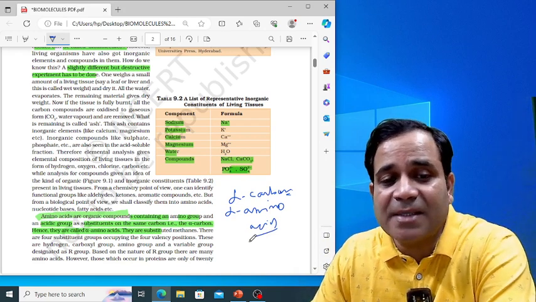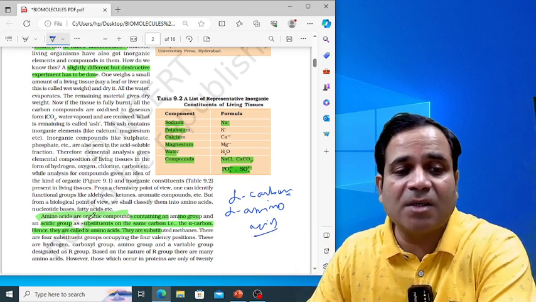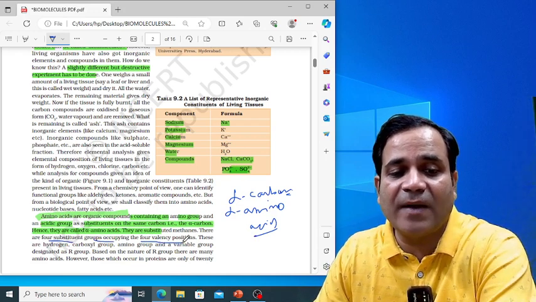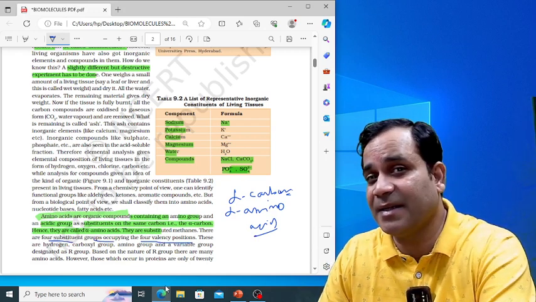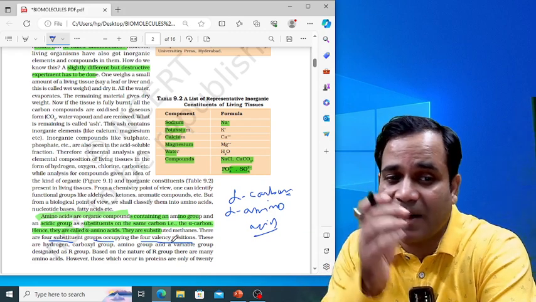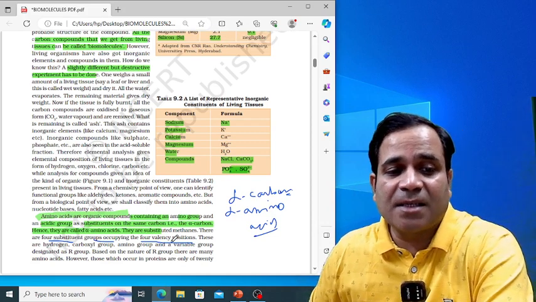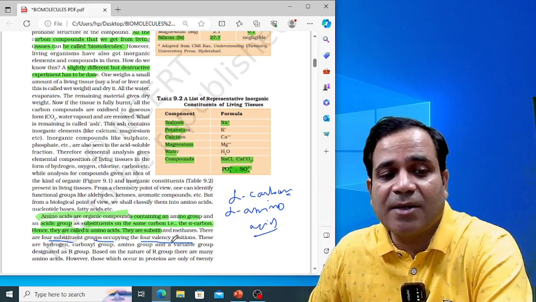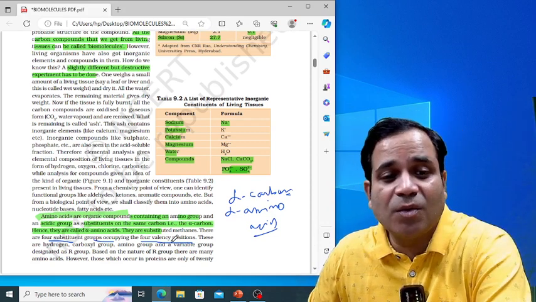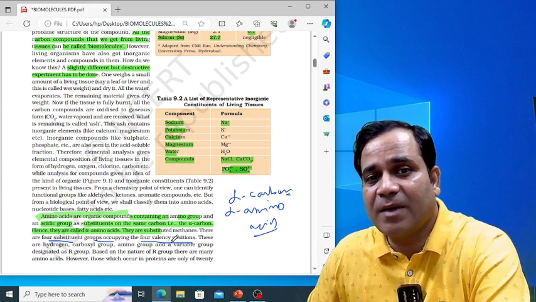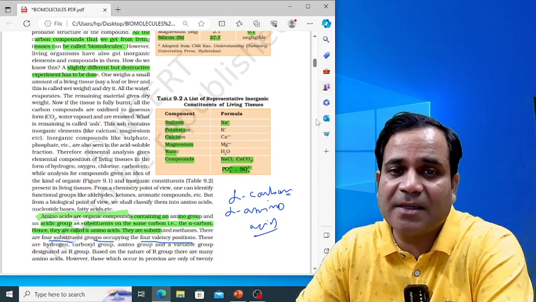Why am I saying this? Because 4 substituent groups occupy the 4 valency positions. They occupy each and every valency position, my dear. So these are hydrogen, carboxyl group, amino group, and a variable group designated as the R group.